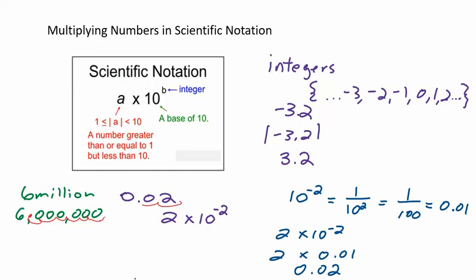So if I move the decimal 6 places, I get the number 6. So I'm going to write 6 times 10, and now I need to pick a power. If I take 6 times 10 to that power, I end up with 6 million. And that is going to be equivalent to the number of places I moved the decimal, which is 6, right? 10 to the 6th power is a million. So this is basically 6 times a million, which is 6 million.